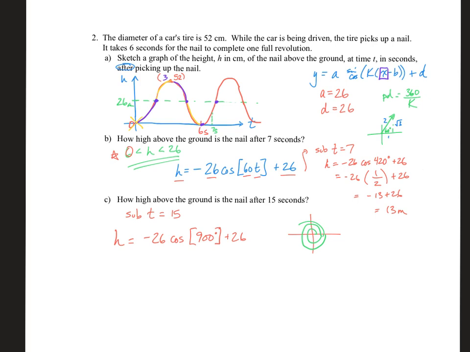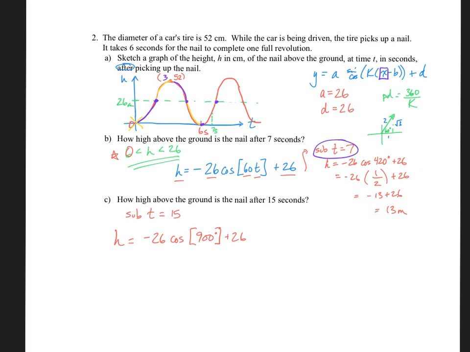My guess is that after we have to complete multiple rotations, you might prefer to work in a context where you only ever had to deal with one rotation. So what I want to do is take a look back up at B, and I want us to notice that this action of subbing in t equals 7 was not needed.